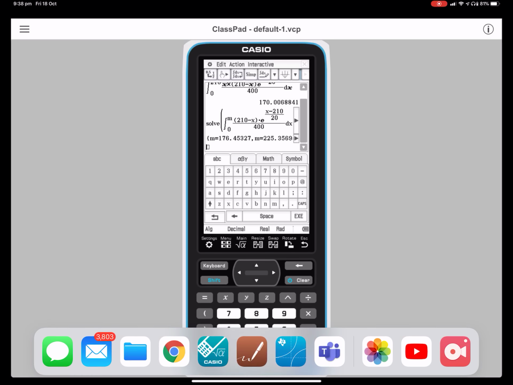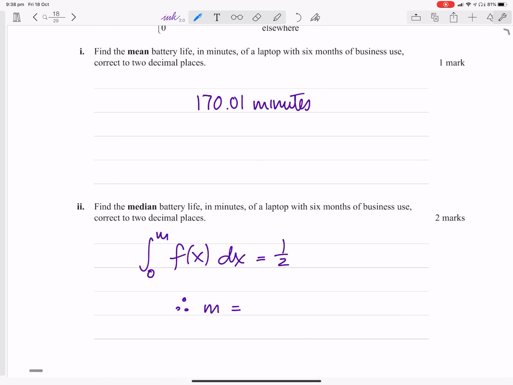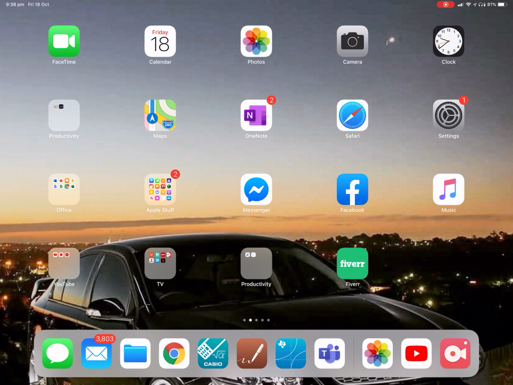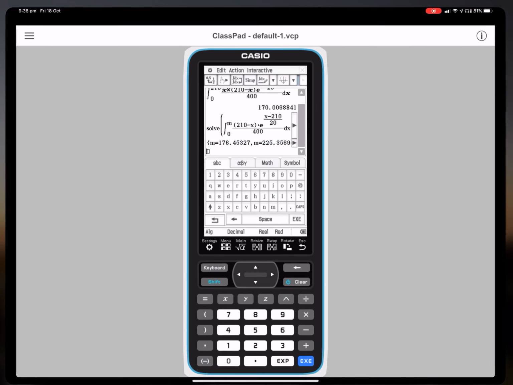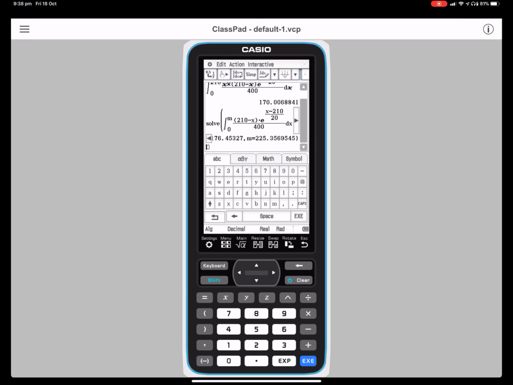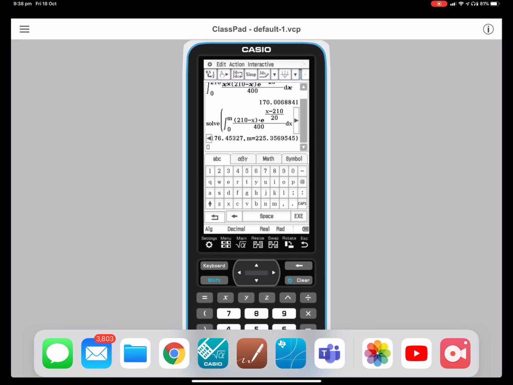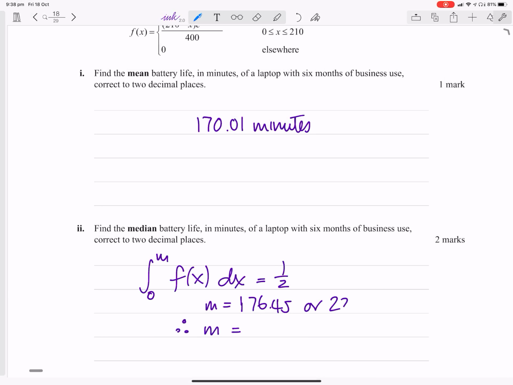m equals 176.45, or 225.36. However, 0 is less than or equal to m, which is less than or equal to 210.